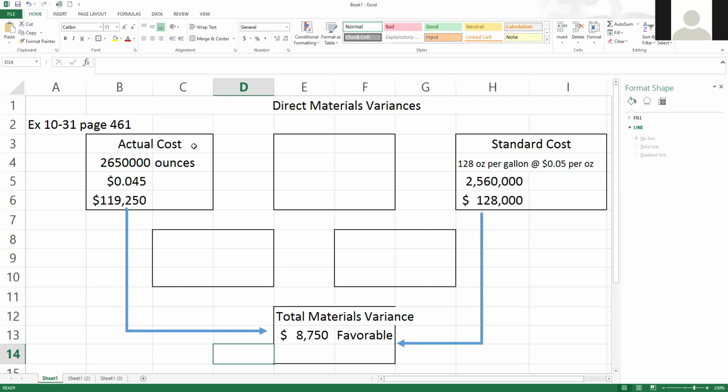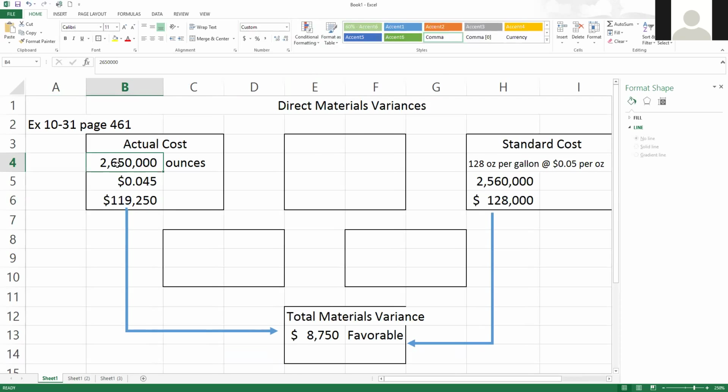If you stare at them for a second here, I'll put commas in, it might help. 2,650,000, 2,560,000. That's bad news. We used more ounces of raw material than we were planning. But somehow we were still able to save money.